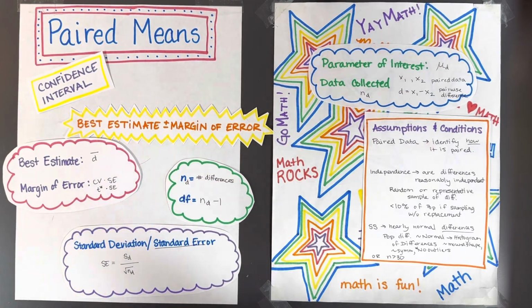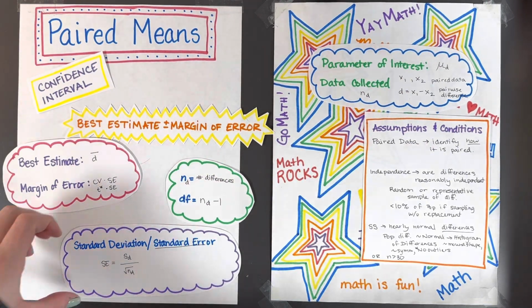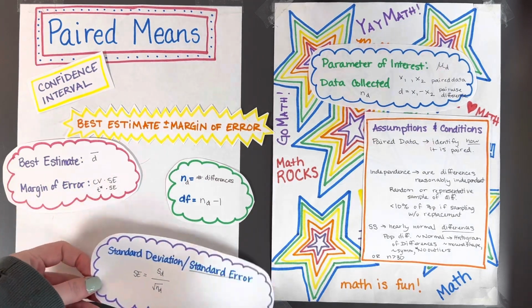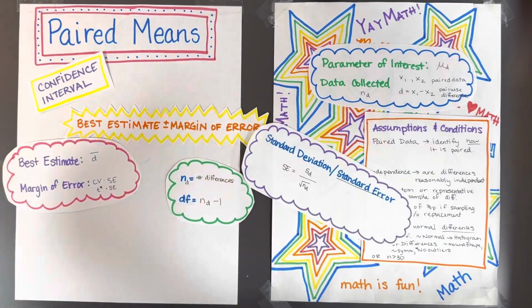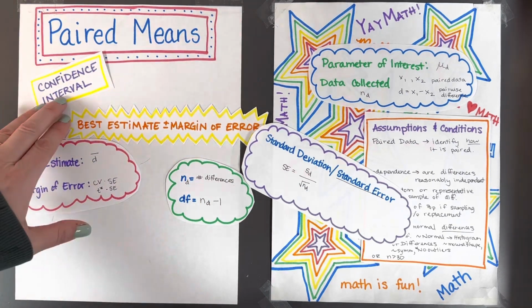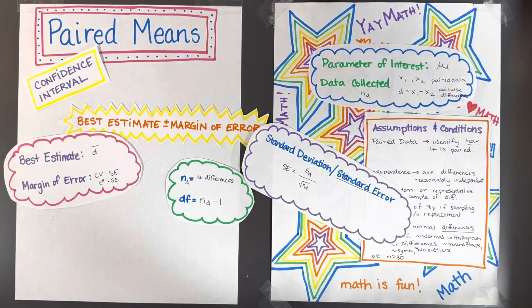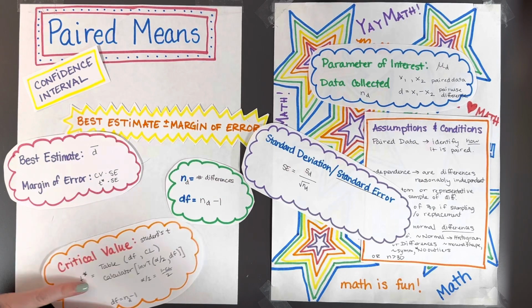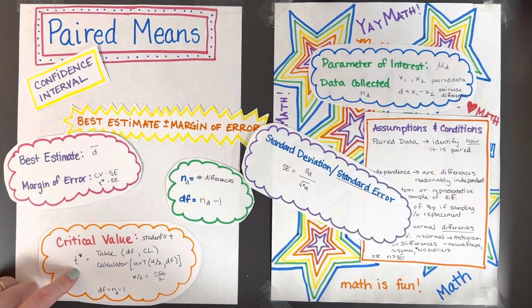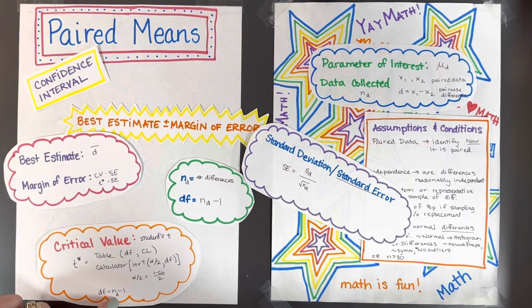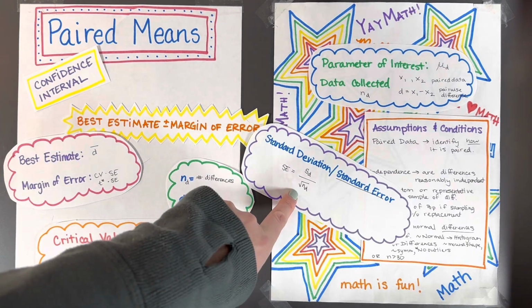And again, the standard deviation of a sample is always going to be an underestimate of the population. So that's why we're going to use the t-distribution. So for our confidence interval, our best estimate is going to be d bar plus or minus a t star critical value based on the number of differences minus 1, times the standard error.